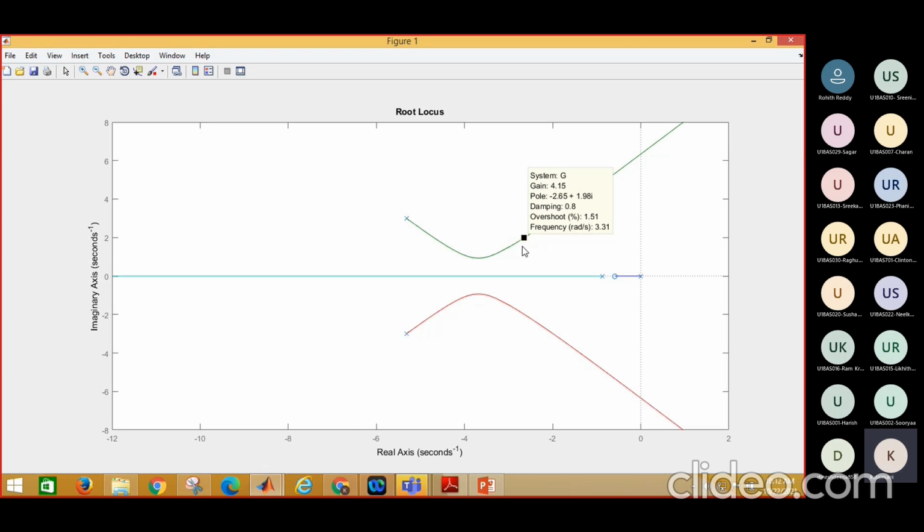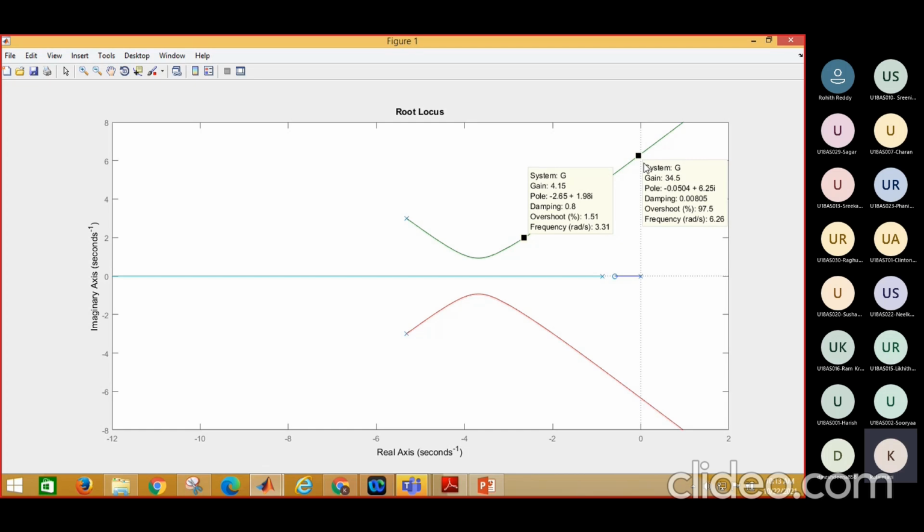Okay, so if we keep on increasing your gain value, there is a tendency for this closed loop to move to the right hand side of the plane. So if you see here, your gain value is 35.8. If you put your amplifier gain at more than 35.8, the system becomes unstable.